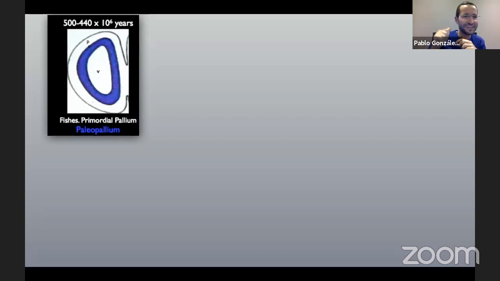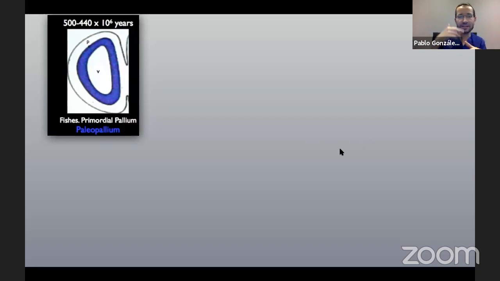So these fishes had a very, very simple layer of one or two neurons, very simple. And this is why we call it pallium, which means very old external surface of the central nervous system. And it had mainly two functions, smell and memory, very short memory.